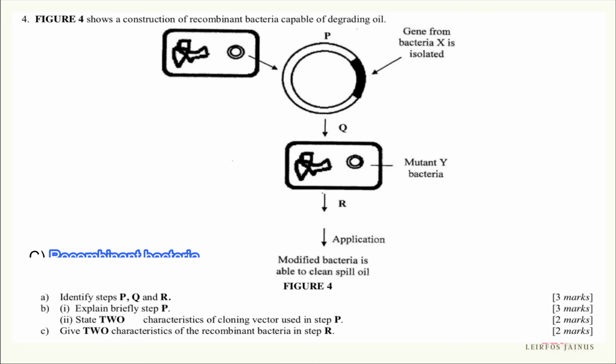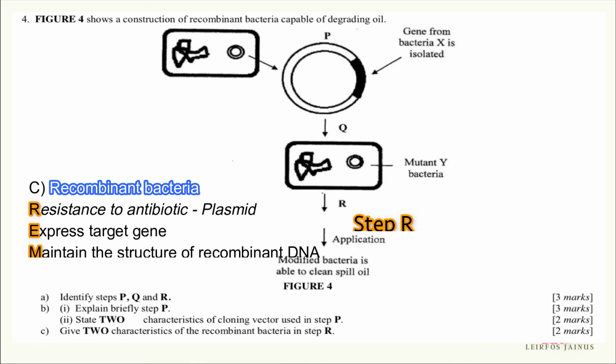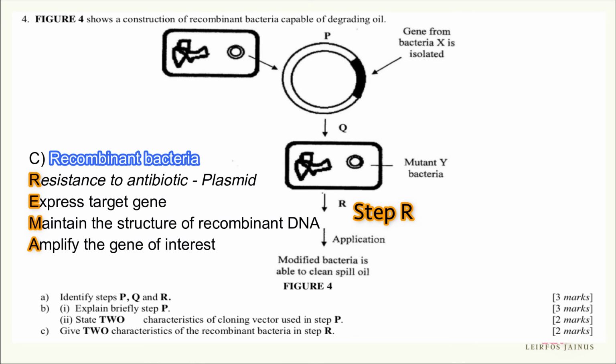For question number 4c, the characteristics of recombinant bacteria. Recombinant bacteria are the bacteria that have already received the recombinant plasmid. They become resistant to antibiotics due to the presence of the plasmid. They are able to express the target gene. They are able to maintain the structure of recombinant DNA and able to amplify the gene of interest.